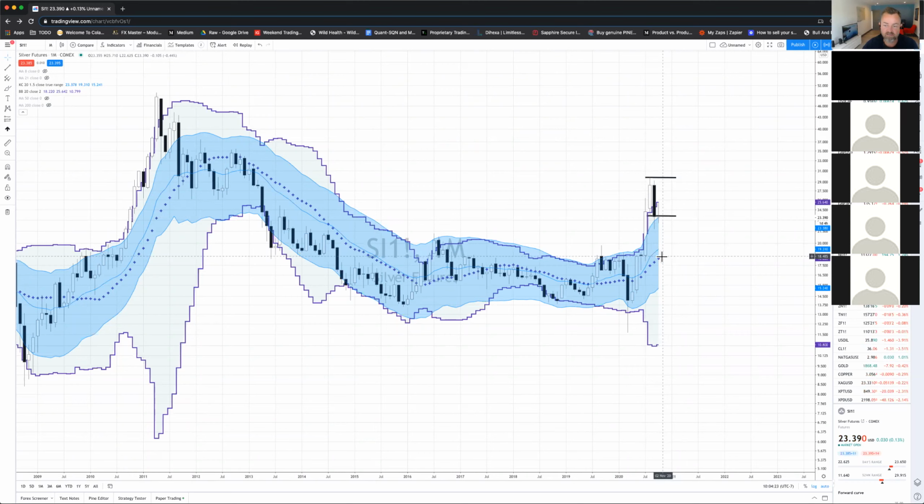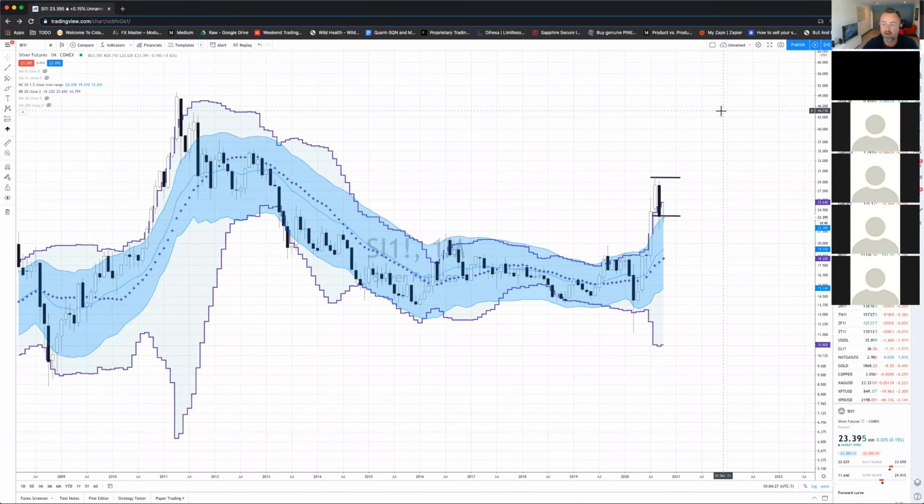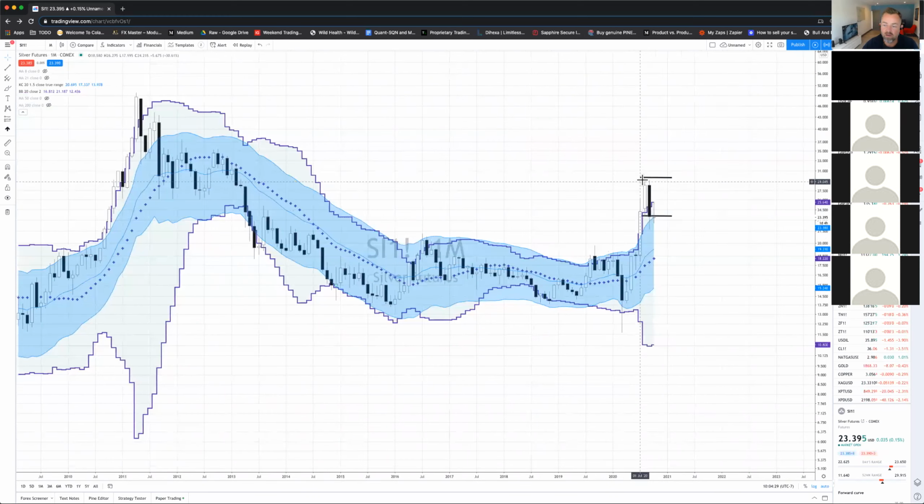So potential test back into that area before a move higher. Of course, we know if this gets taken out, then it's a vol breakout, and we actually rip from there. So when a failed vol breakout fails, that's a vol breakout, and so you flip to the other direction.